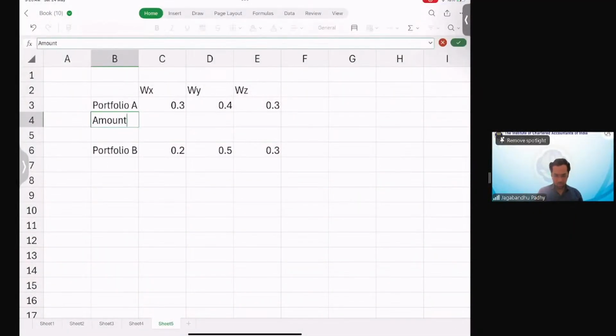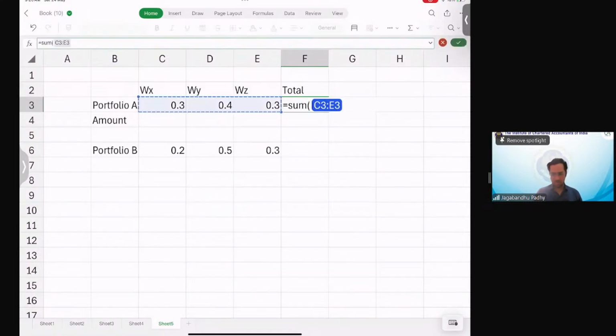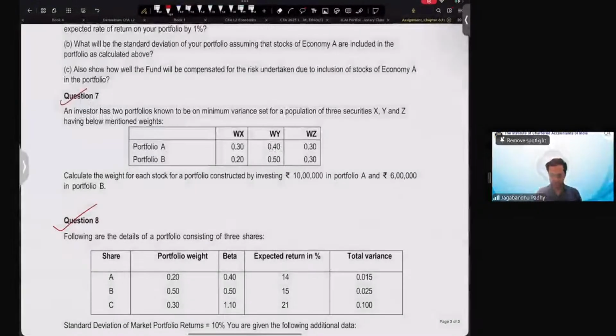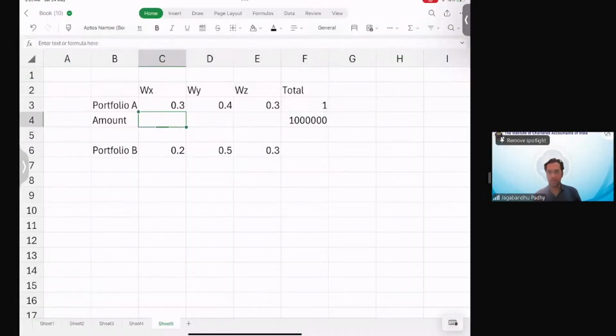So the total amount, or we can say the total weightage, we know is the sum of all three, which is 1. Total amount is 10 lakh and the weightage of X, Y, Z is given, so we can definitely find the amount.